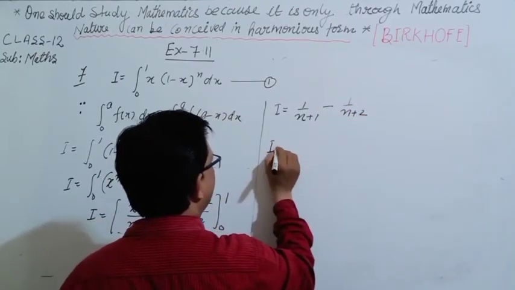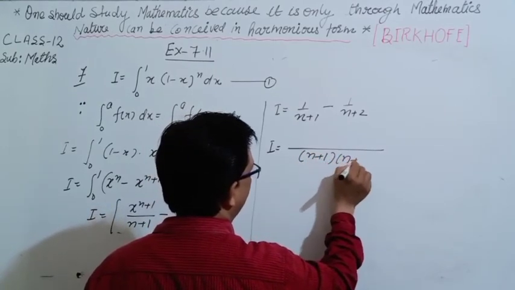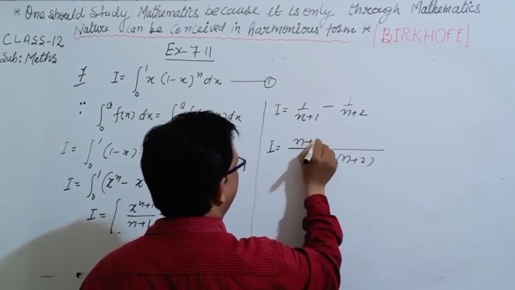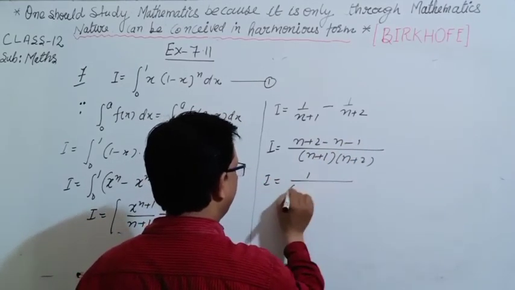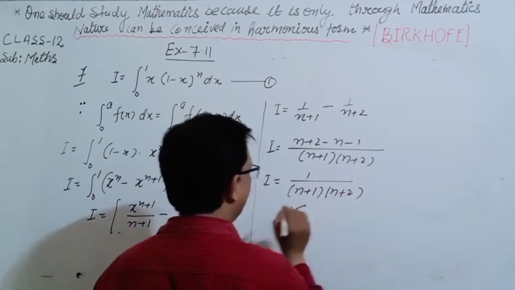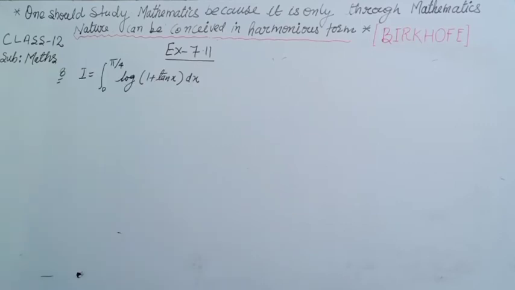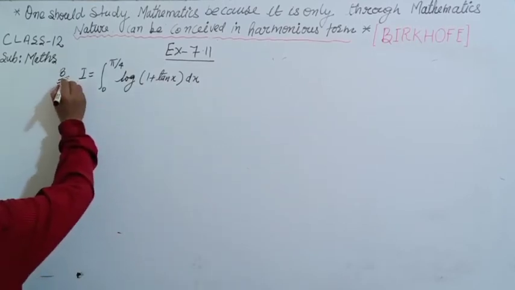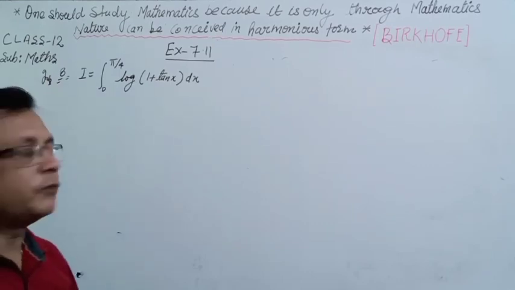Now taking the LCM, n plus 1 into n plus 2 is the LCM. Here we get n plus 2 minus n minus 1. So I is equal to 1 upon (n plus 1)(n plus 2). This is your final answer, students. So note this question, and this is a very important question. Good question of your book.